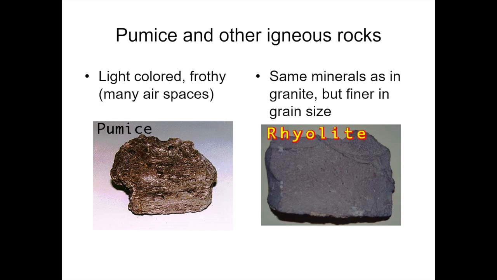It would be very difficult to see the crystals unless you are using a magnifying glass, but again, this is an intrusive rock as opposed to pumice, which is extrusive. Pumice, incredibly, can float on water because of all of the air spaces caused from the exploding gas and that material cooling as it's flying through the air in an explosive eruption.